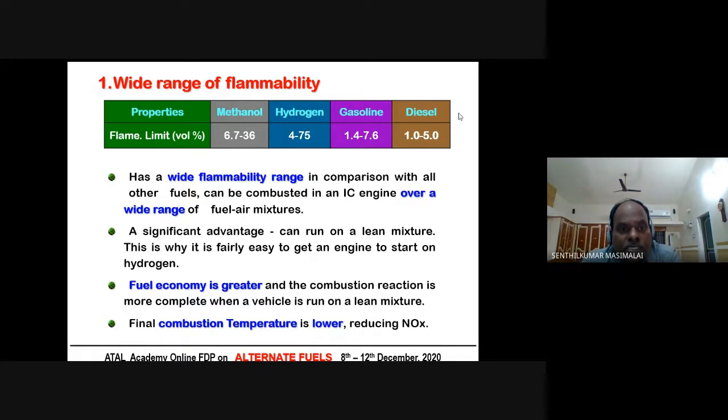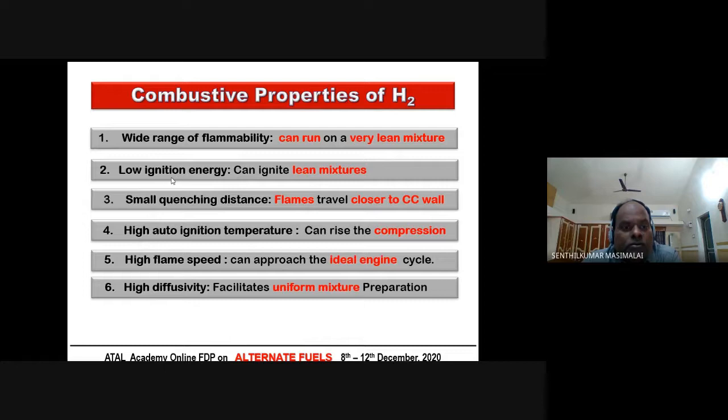So next, if you look at the next property, low ignition energy. All fuel air mixtures have a certain ignition energy required for getting ignited.